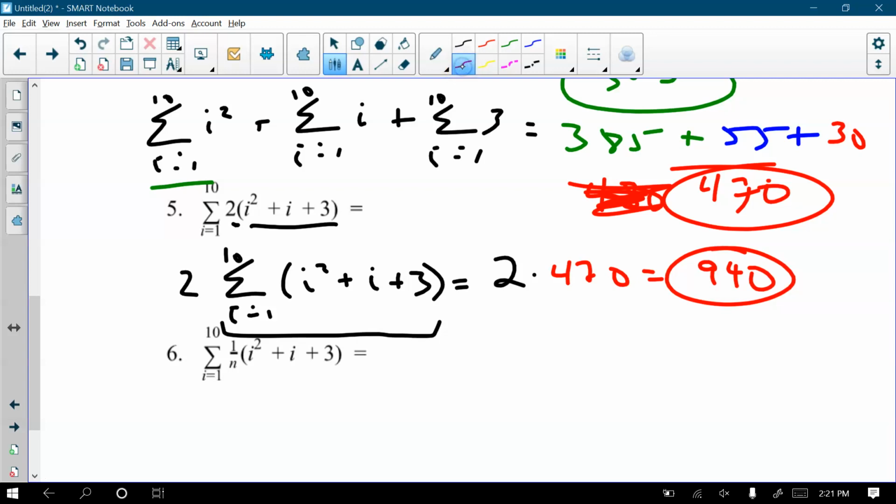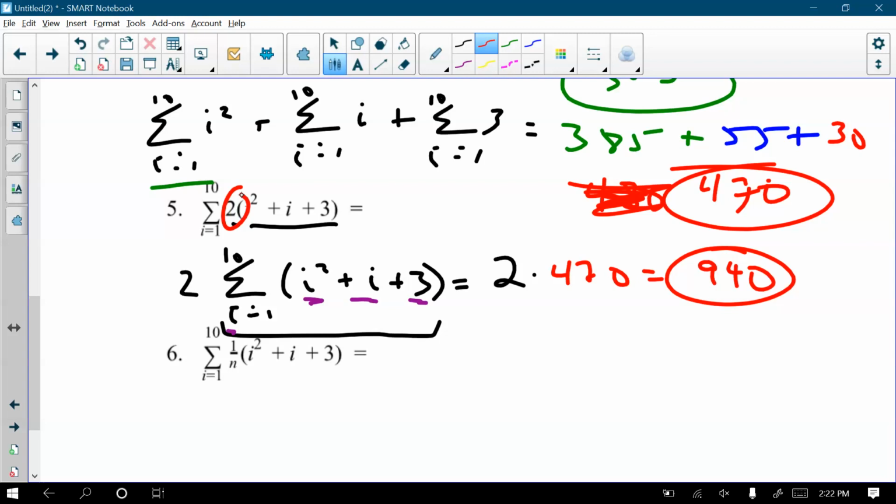This i squared depends on i, so I have to leave it inside the summation. This i depends on i, and I have to leave it in the summation. This 3 depends on the index, because I'm saying to add 3, 1 times, 2 times, 3 times, 4 times. But this 2 isn't doing anything. That's just saying take 2 times your sum. So I can take that 2 out.